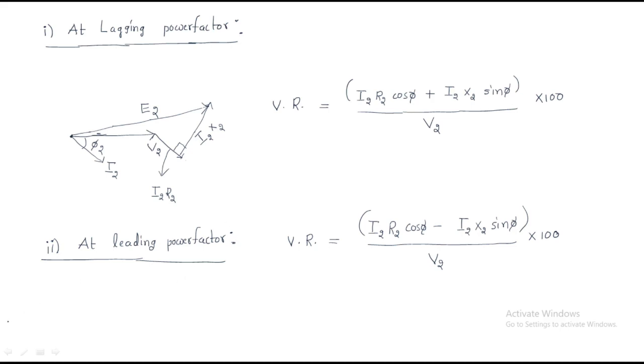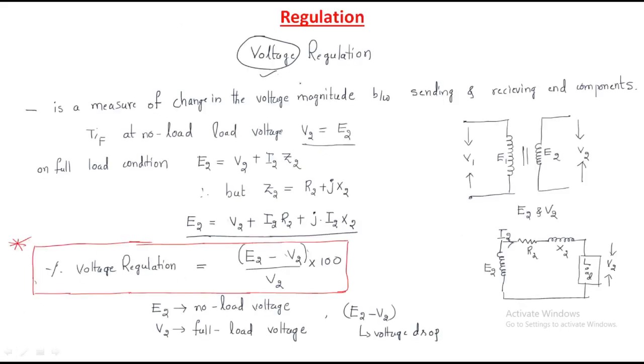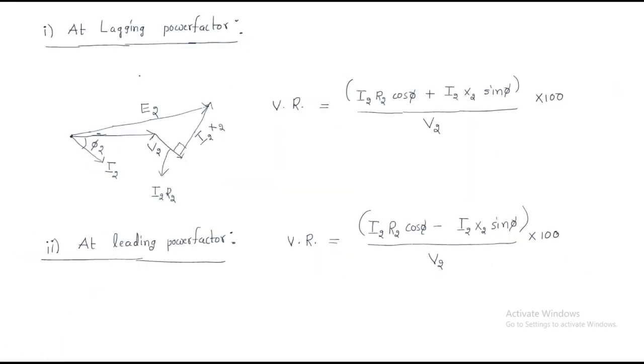So this is about the definition of the voltage regulation, the formula of the voltage regulation, and two different power factors. If the transformer is acting at the lagging power factor, then the formula is I2R2 cos phi plus I2X2 sin phi, divided by V2, into 100.